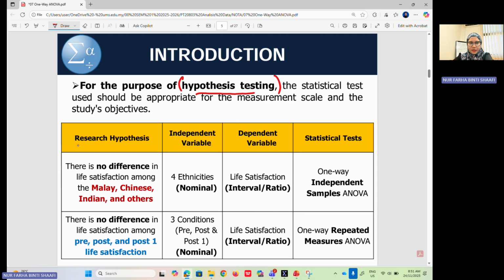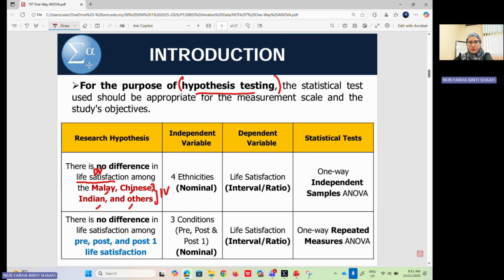For example, you have the research hypothesis here: there is no difference between life satisfaction, the DV, among the ethnicities. The ethnicities you write as, for example, Malay, Chinese, Indians, and others. So this is the IV.